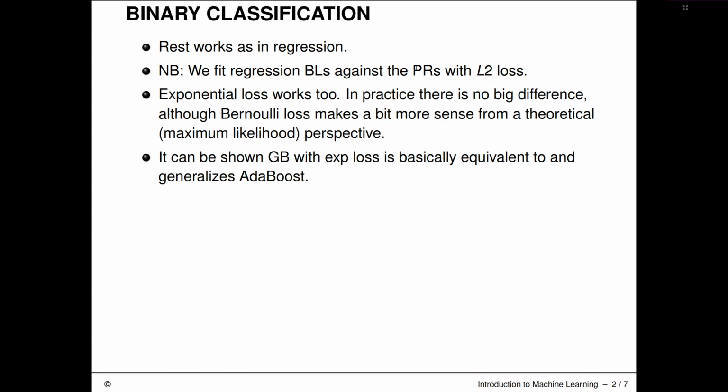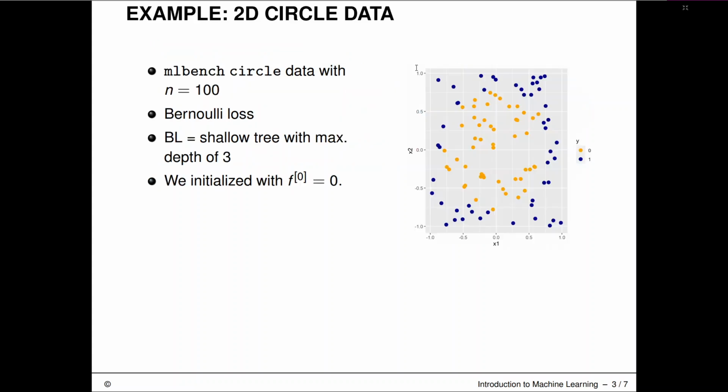We kind of have to abstract away from many other different aspects of the original Ada boost algorithm. But at least through that theoretical lens, we can show that there's at least a very strong connection, let's say, between the two if we use exponential loss in gradient boosting.